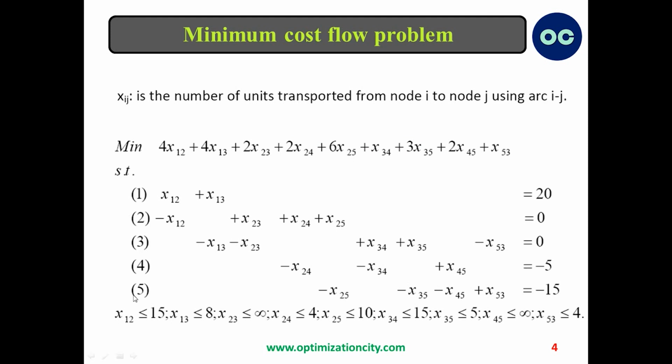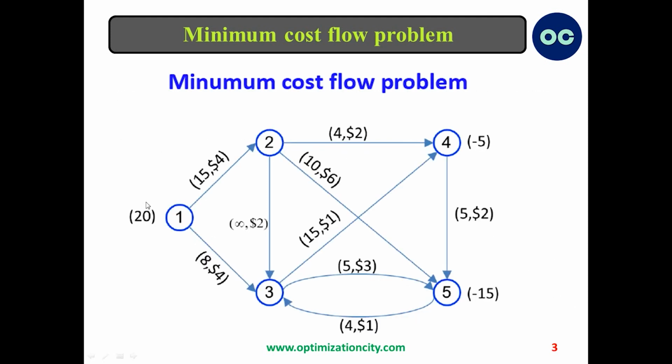Equations 1 to 5 represent the flow balance equations in the network. Let's consider the balance equation at node 1 as an example. Equation number 1 states that the combined flow leaving node 1, which is arcs 1,2 and 1,3, equal to x12 plus x13, should be equal to the supply at node 1, which is equal to 20.